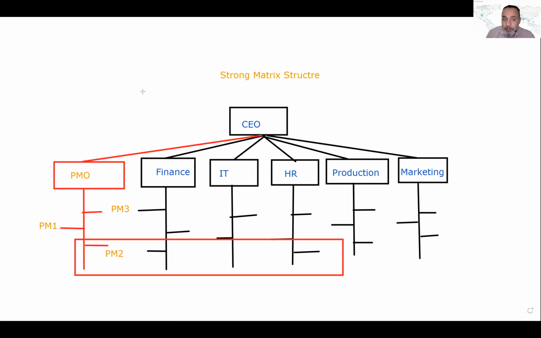And we do a completely new structure where we have, again, of course, the CEO. But instead of structuring the company on functions, let's structure the company based on projects. Project 1, project 2. So you have project manager 2, project manager 3, project manager 4.